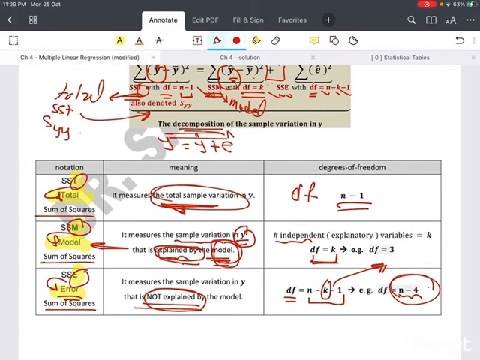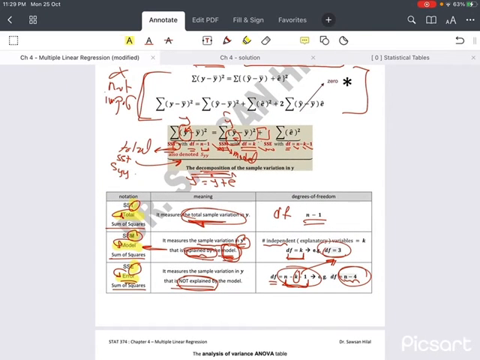But maybe k is not 3, so take it in general as n minus k minus 1. This table is very, very important.